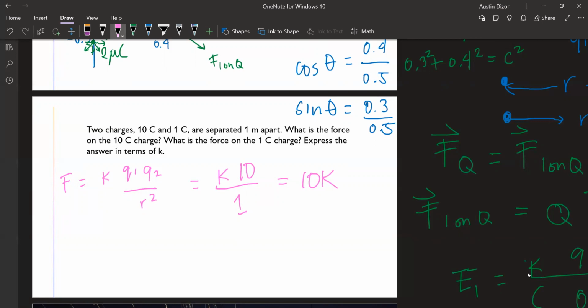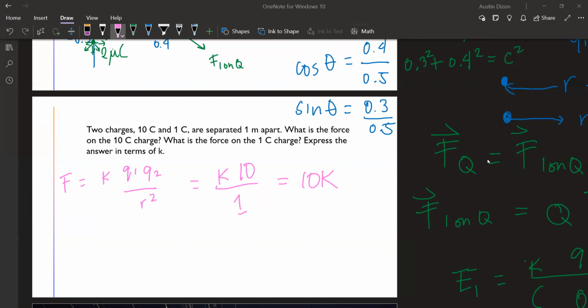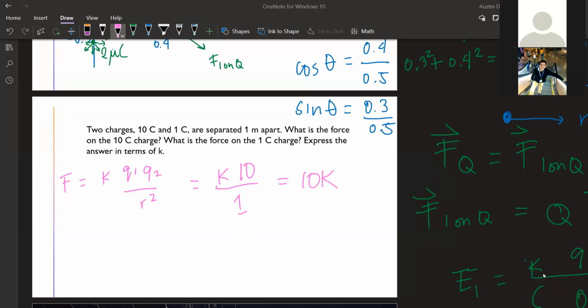Kendrick. Sir, 10K rin pero di ko po sure kasi since force dapat may direction pero di ko po talaga sure kung paano siya integrate sa 10K na sagot. Okay, sige. Okay, thank you.